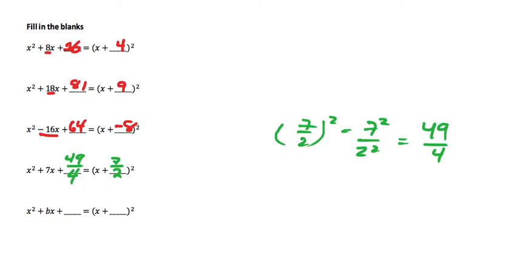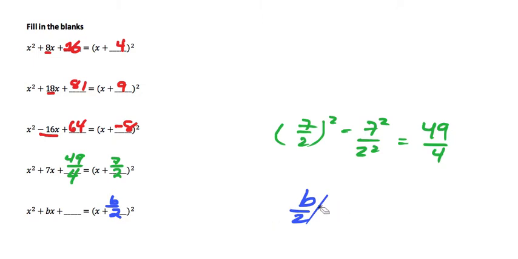Over 4. And then finally, we get to one thing where we have a variable in here. Well, remember, all we need to do is figure out this pattern. We already know that the coefficient of this term is twice this number. And so this number is going to be b over 2. And this number here is going to be b over 2 squared. Let me clean this up here.